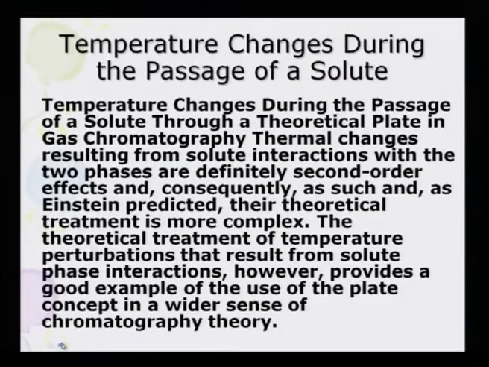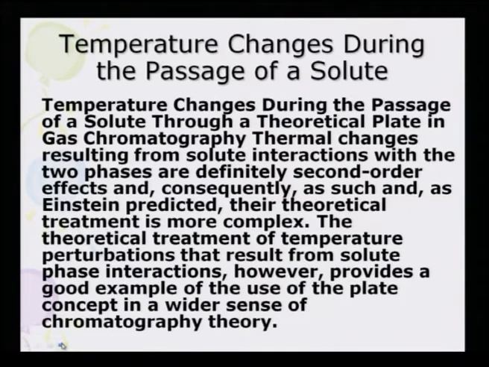Temperature changes during the passage of a solute through a theoretical plate in a gas chromatograph, thermal changes resulting from solute interactions with the two phases, are definitely second order effects, and consequently, as Einstein predicted, their theoretical treatment is much more complex.